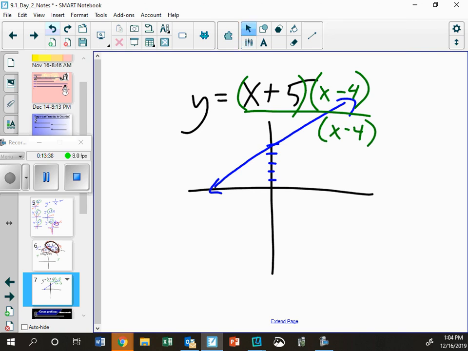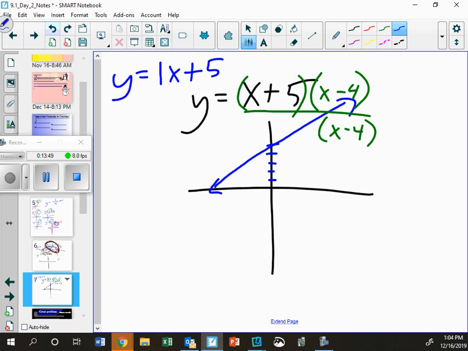And now you were asking, do you think that this function is graphed wrong? Because it's just this. And I know it's been a long time since we've just graphed plain old normal ones, but that's got a slope of 1 and a y-intercept of +5. It is correct, and it's okay. Happens all the time. You're not the only one.